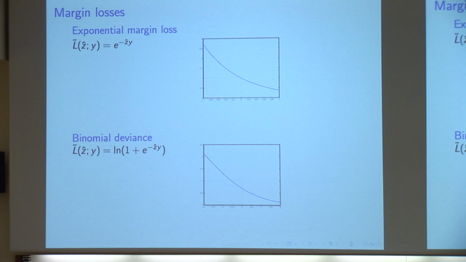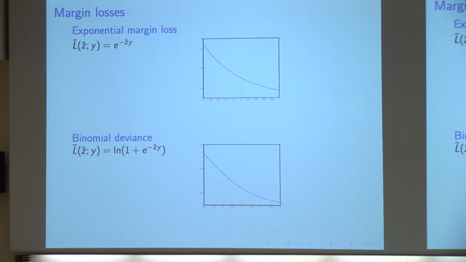Now remember, this choice of margin loss is meant to approximate 0-1 misclassification error. So you're supposed to look at this diagram. Here's your target loss, here's your surrogate, and you're supposed to be really impressed with the quality of the surrogate to approximate that target. Isn't that an impressive approximation of the step function? Well, maybe not.